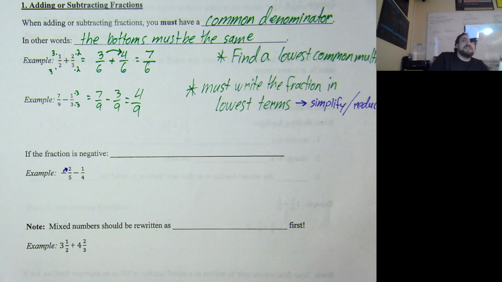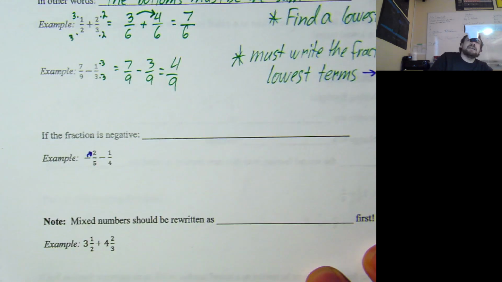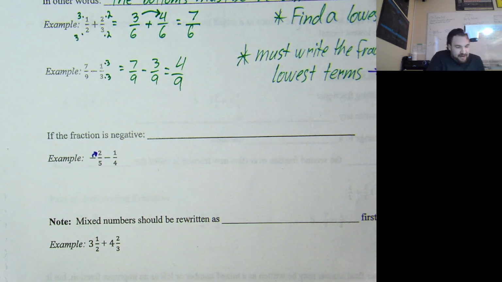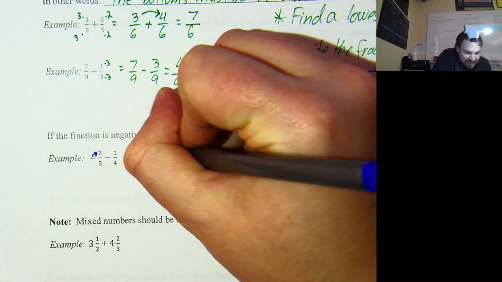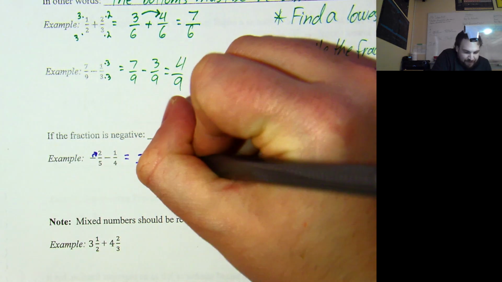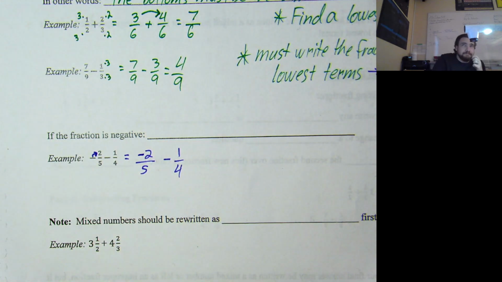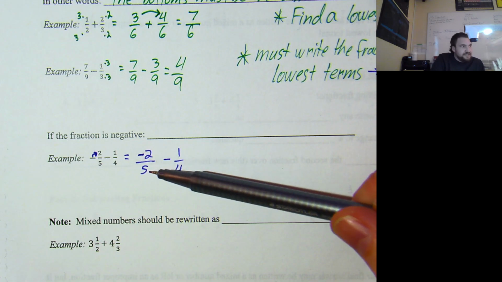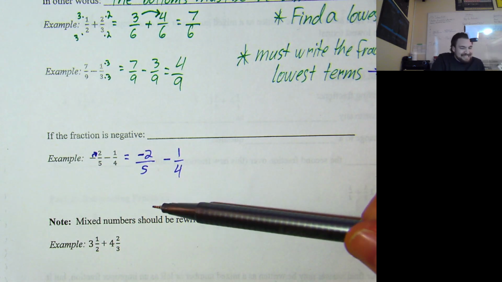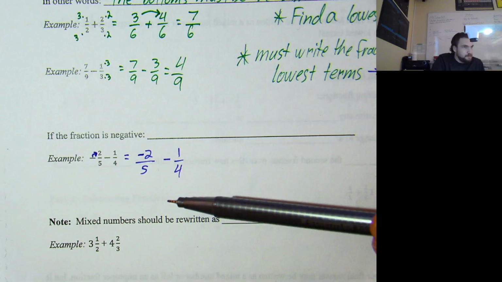It amounts to the same thing. I'm writing this now as negative 2 over 5 minus a quarter. It doesn't matter if the negative is in the numerator or in the denominator, but it has to be in one of those two spots.